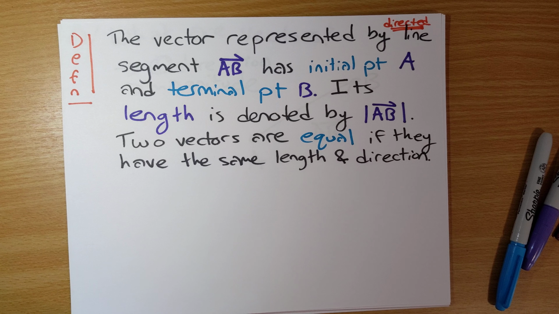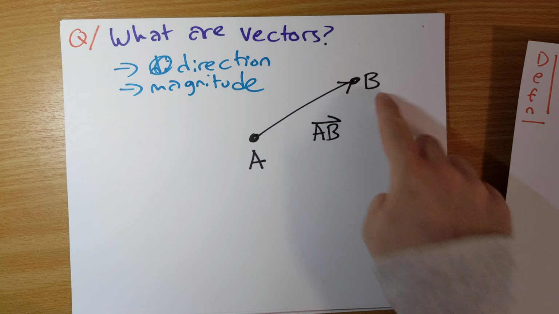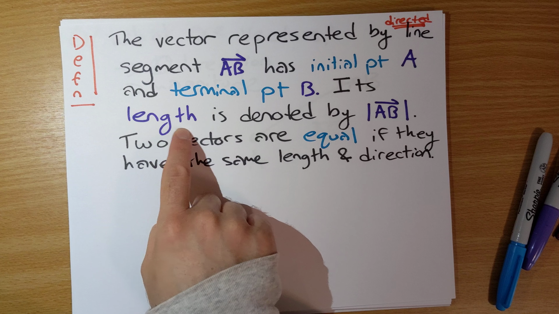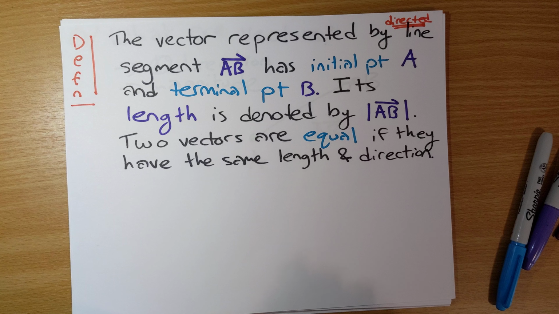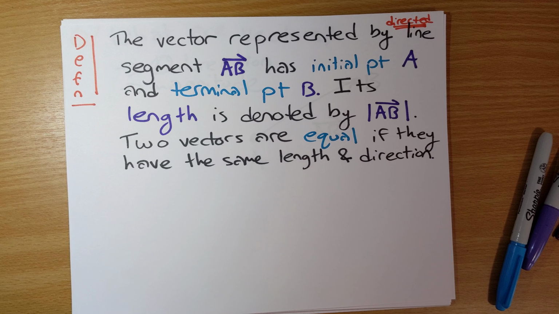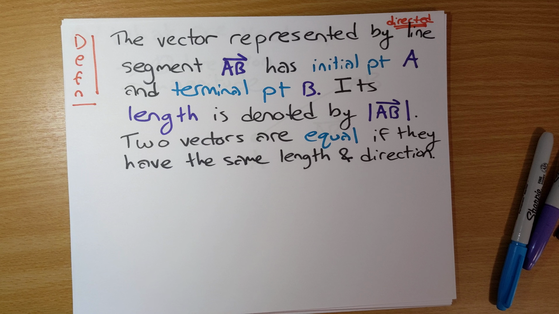So the vector represented by the directed line segment from A to B has initial point A and terminal point B. Initial point, terminal point. You start here, you end here. We care about length, magnitude. I'll use those terms interchangeably later on. We denote it by putting little absolute value bars around AB. And we say two vectors are equal if they have the same length and direction.